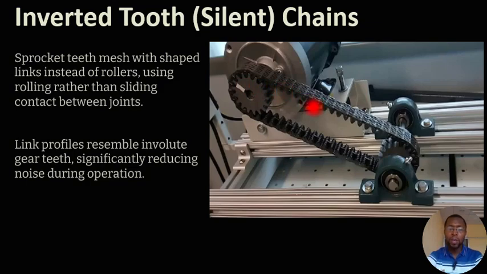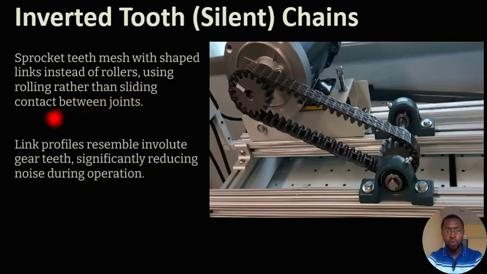Unlike the roller chain or the conveyor chain, where we do not have this type of design, or where we have rollers, in this case the shaped link is replacing the rollers, and it is able to mate better on the sprocket, like you see here, and then there is better transmission of power.